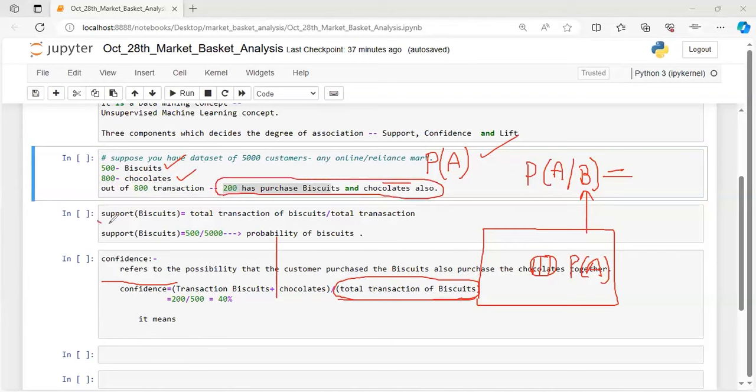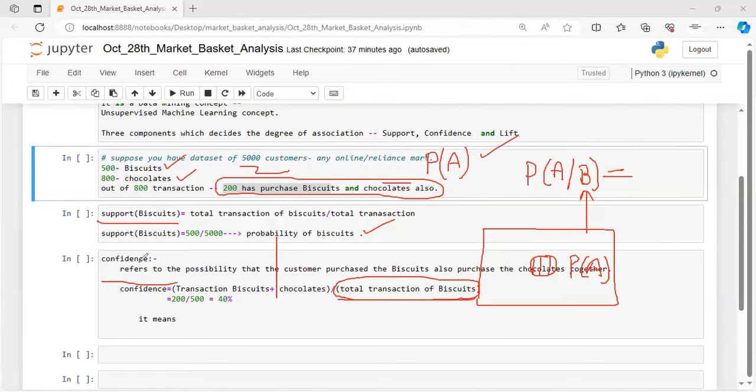So it is very easy. Support is no problem. Biscuits 500 divided by total transactions, all together 5,000, all is done. Now what is the confidence? Confidence means on what amount of confidence you can say that the person who has purchased these two things will be fine together, the biscuit and chocolate.